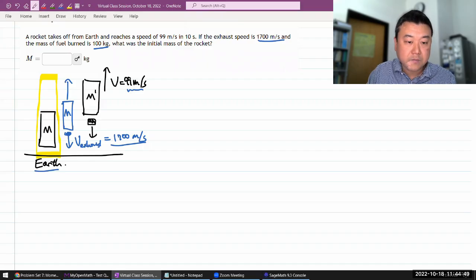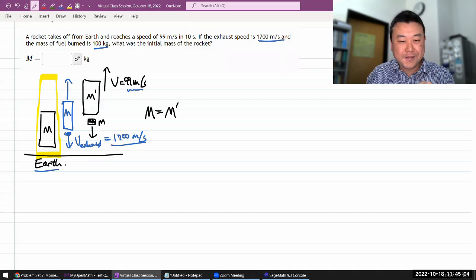It has some mass, small m, and it has this exhaust velocity. And one constraining equation I would have is that the initial mass of the rocket is its final mass plus the mass of the fuel burned. So we'll be using that.